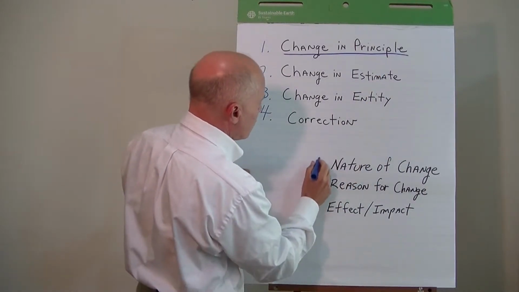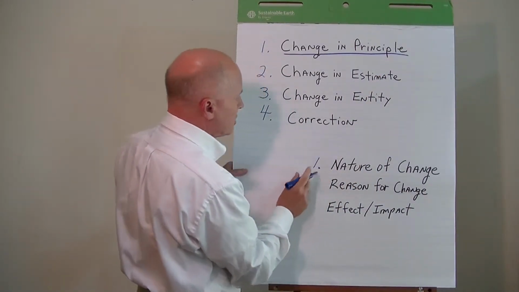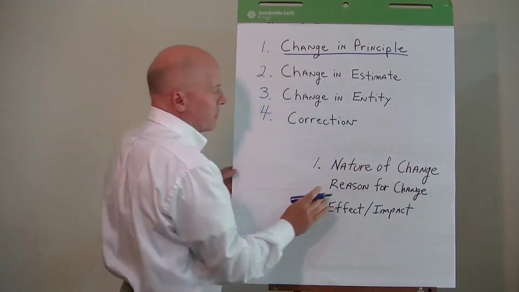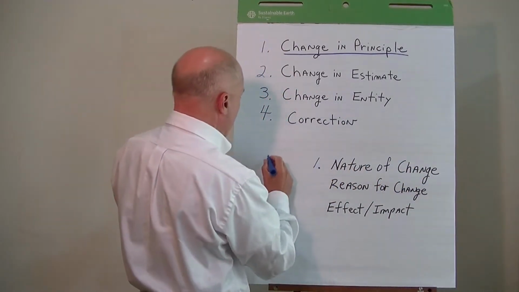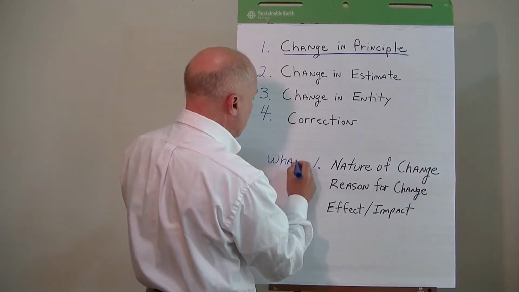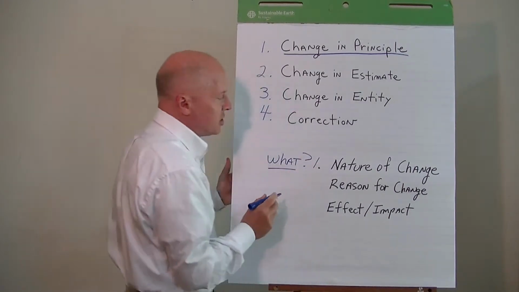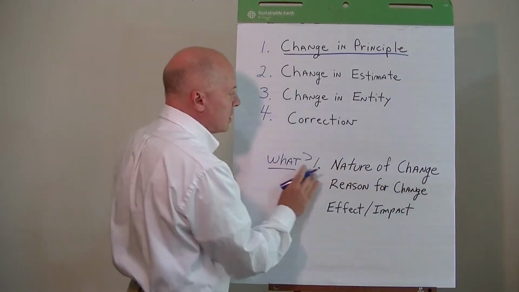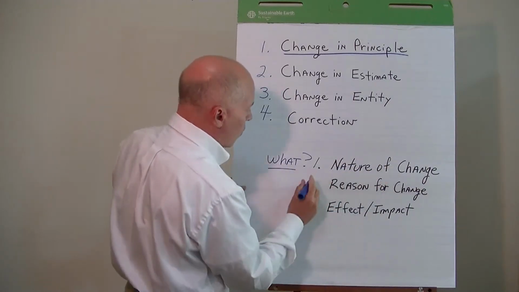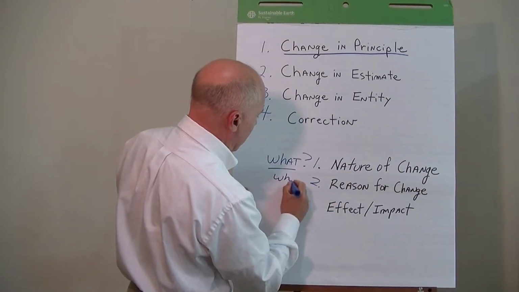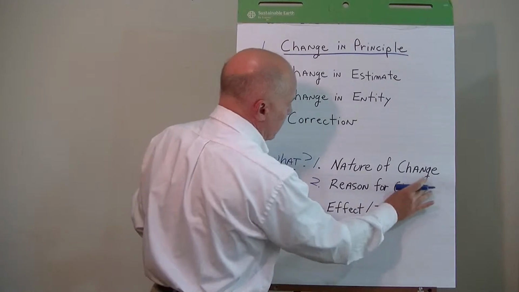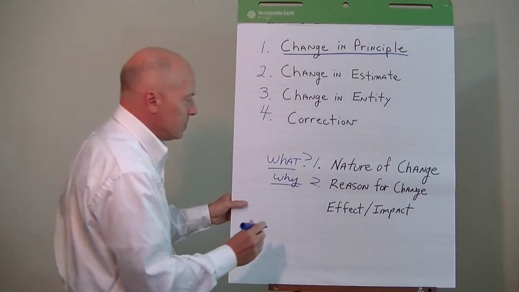As a minimum, you must disclose under change in accounting principle the nature of the change. So this is the scope of the change. What is the change? What's the nature of it? What's the scope of it? Why are we making the change?